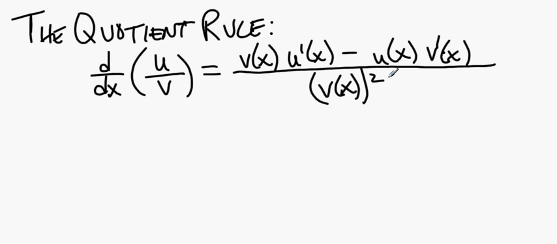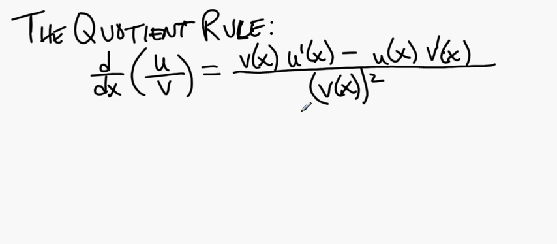That is so counterintuitive. You see some similarities to the product rule. You've got one times the derivative of another, the other times the derivative of the one. In the product rule, they were added. Here, they're subtracted. But there's this over v of x squared piece, and that's new.